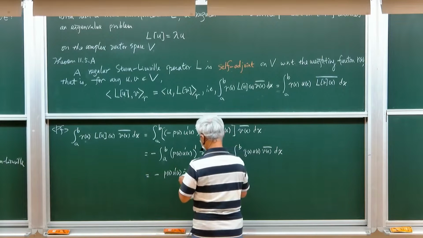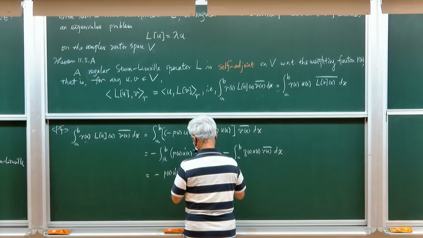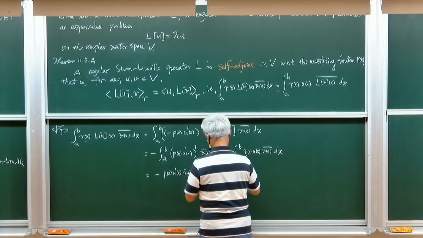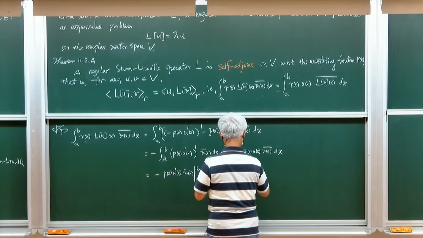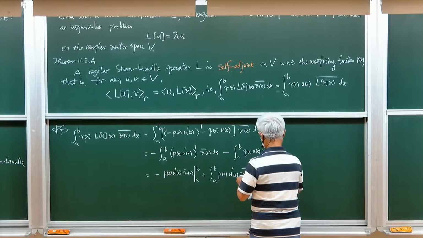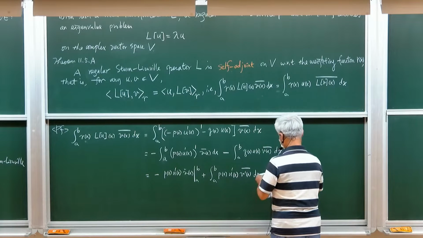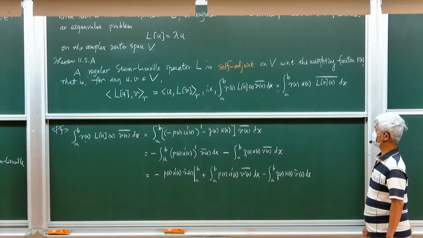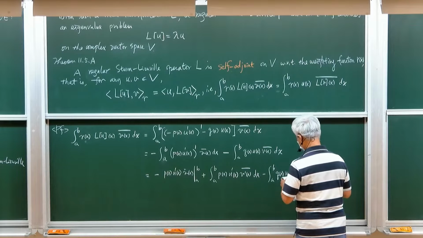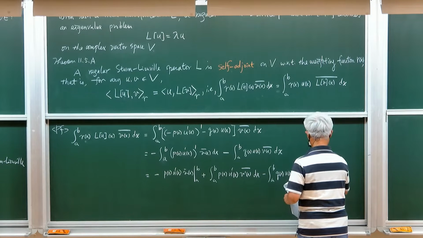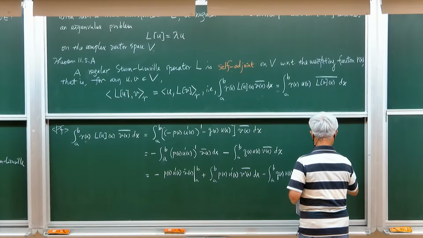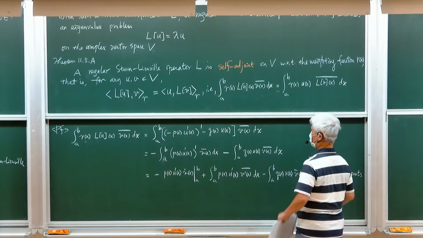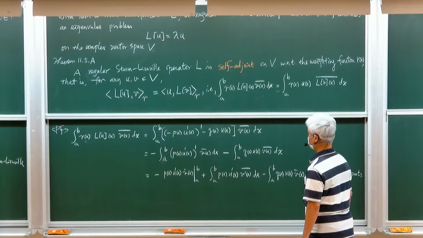By integration by parts, now we have the integral from a to b of P of x, u prime of x and v prime of x bar dx, minus the integral from a to b of Q of x, u of x, and v bar dx. So this is by integration by parts.